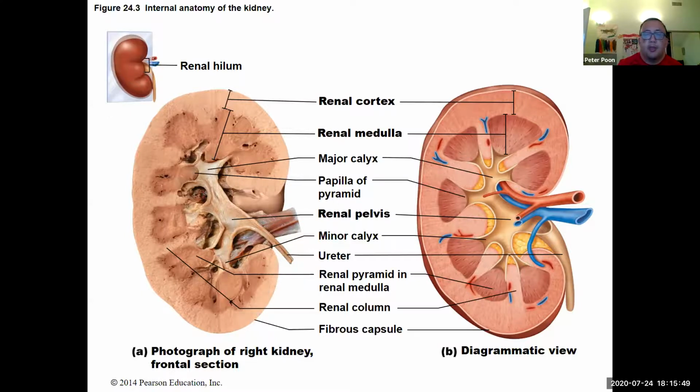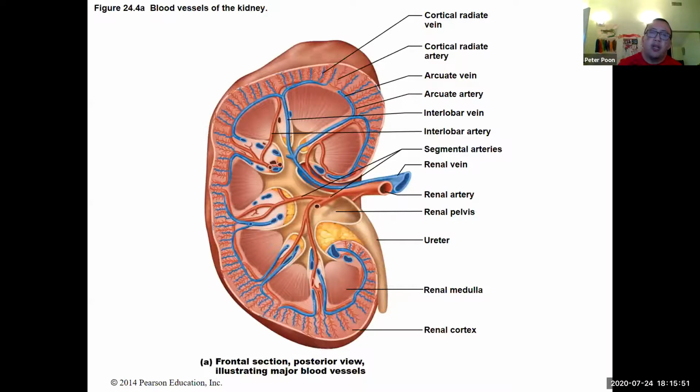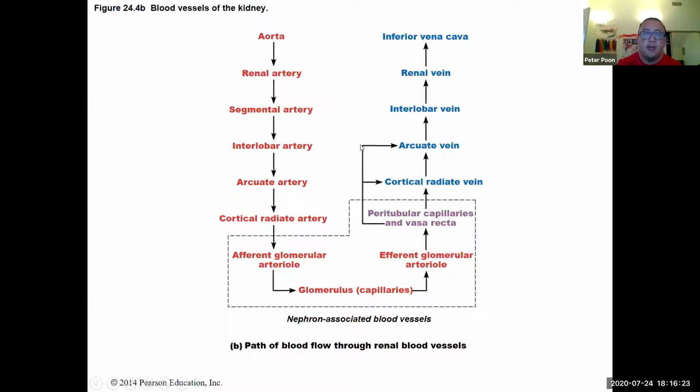All right, the blood flow through the kidneys. The first thing that goes through the kidney is the renal artery. The renal artery then splits into segmentals, so different segments of the kidney. The segmentals turn into the interlobars, and the interlobars turn into the arcuates.